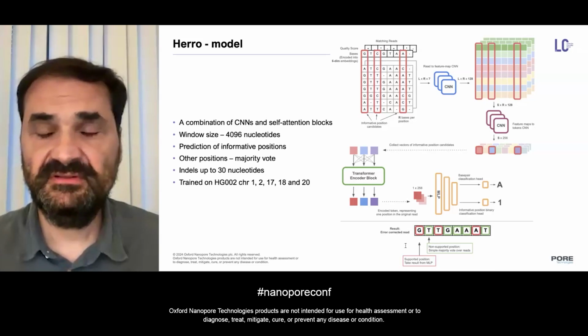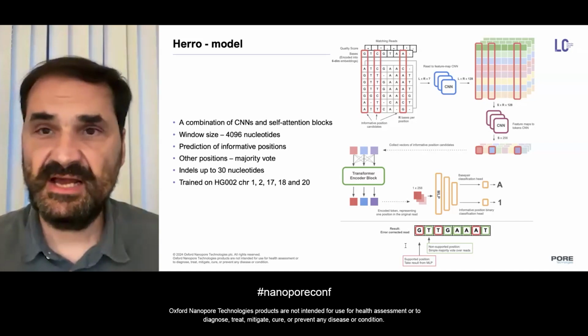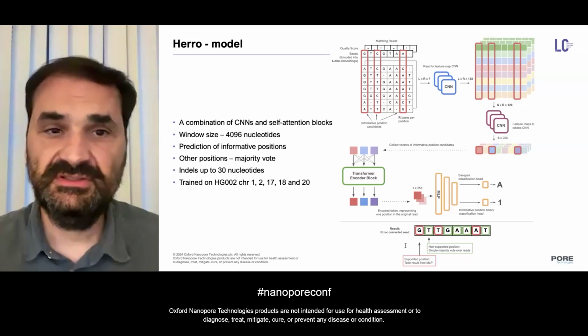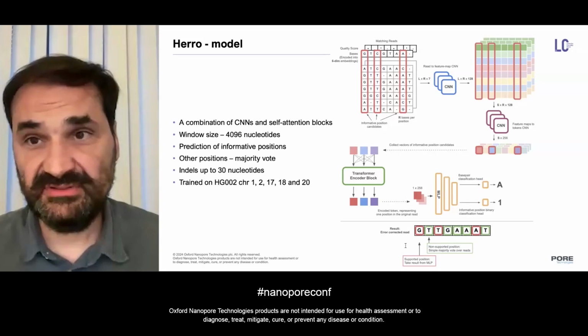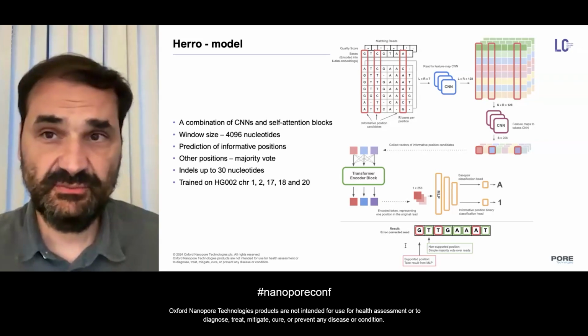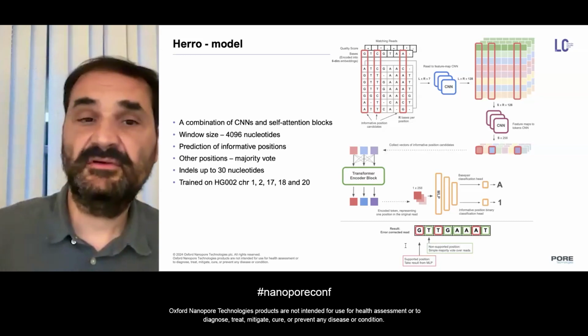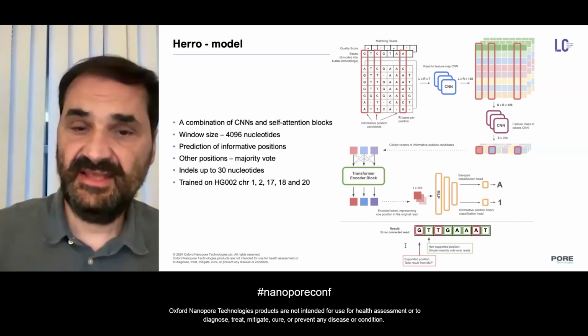It is important to mention that for all other positions we use the majority vote. We can correct indels up to 30 nucleotides long. And what is important is that we need to have a high-quality reference. So that's the reason why we use HG002, and we trained on just 5 chromosomes: 1, 2, 17, 18, and 20.